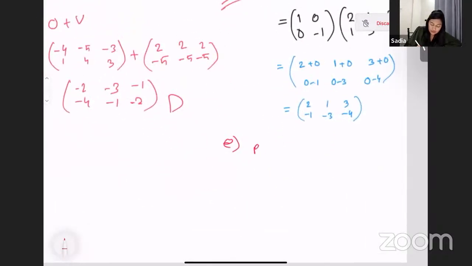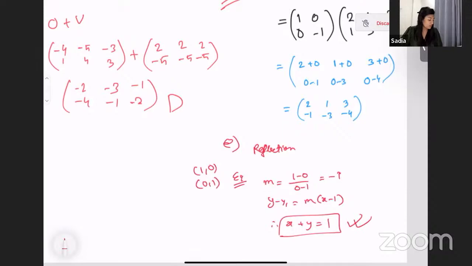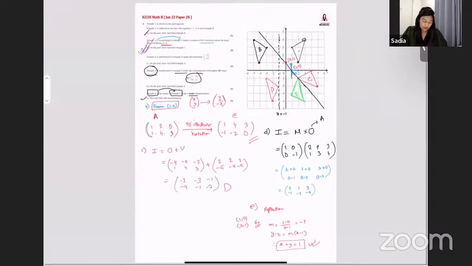At first you calculate the gradient using these two points. And then y minus y1 equals gradient times x minus x1. Solving this will give us the line of reflection: reflection about the line x plus y equals 1. So I'm done with Jan 22 paper 2R.